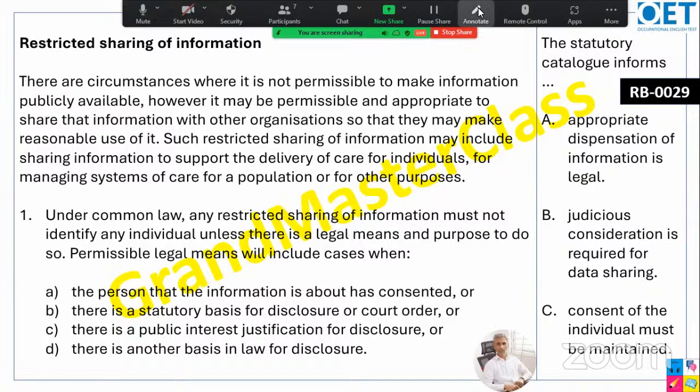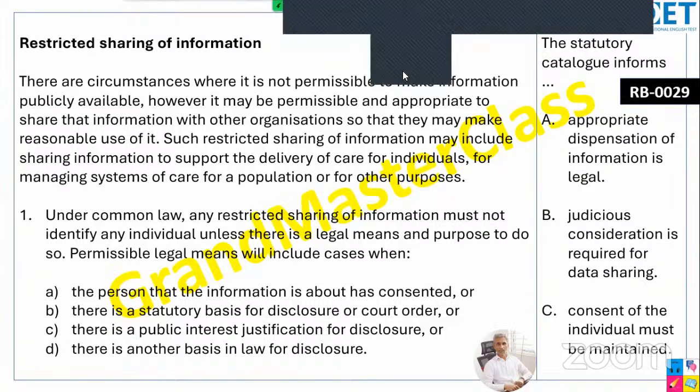So appropriate dispensation of information is okay. And in the first point they have given, under common law, any restricted sharing of information must not identify any individual unless, here unless is the word, sir, there is a legal means. So unless there is a legal means, we are not supposed to share the information. And the other 2 options are completely contradicting the given.